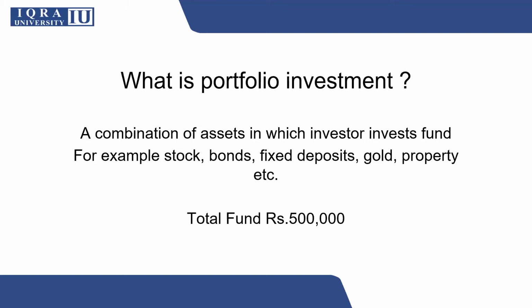So whatever investment plan he is making, if he is not investing all his investment at one place, then the combination of assets that he plans will technically be called a portfolio.